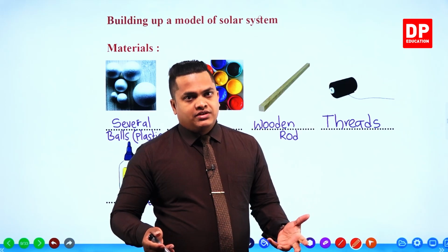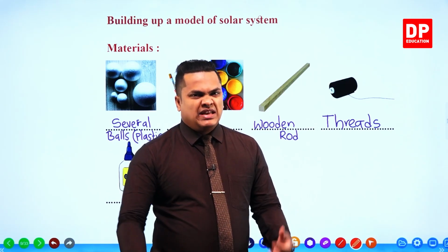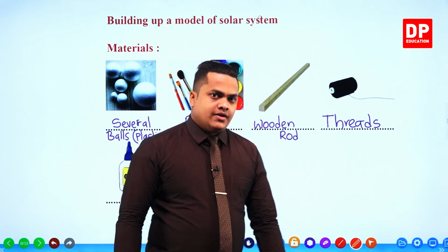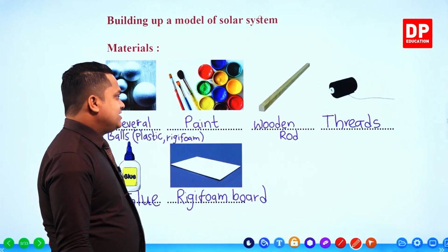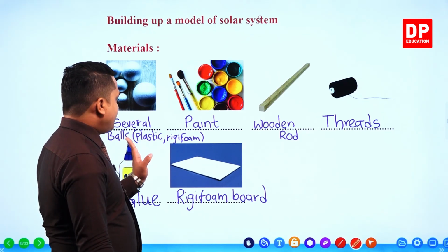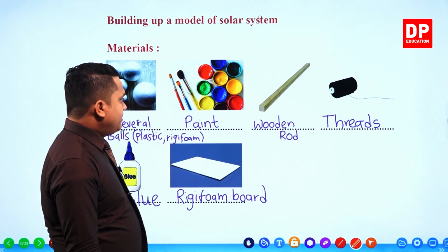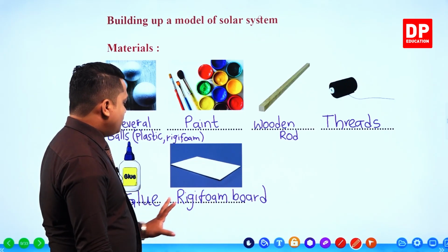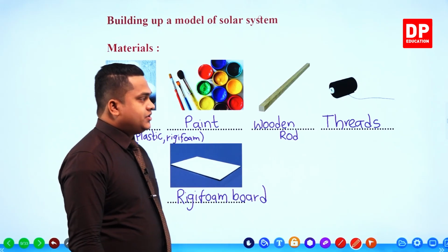To take these rings, we'll be needing a rigiform board to cut them. So these are the materials you'll be needing: several balls, plastic or rigiform, paint, wooden rod, threads, glue and rigiform board, my dear children.